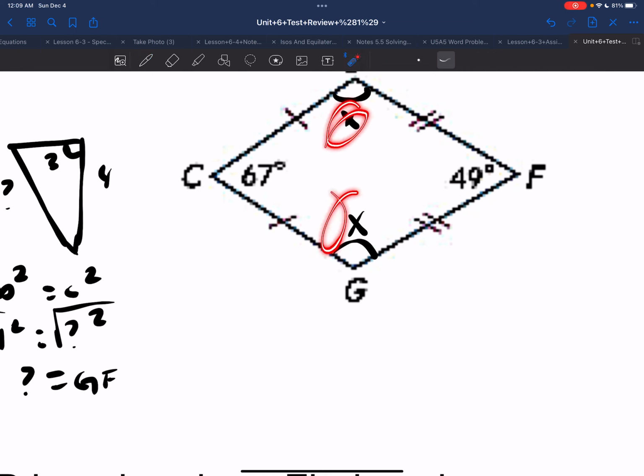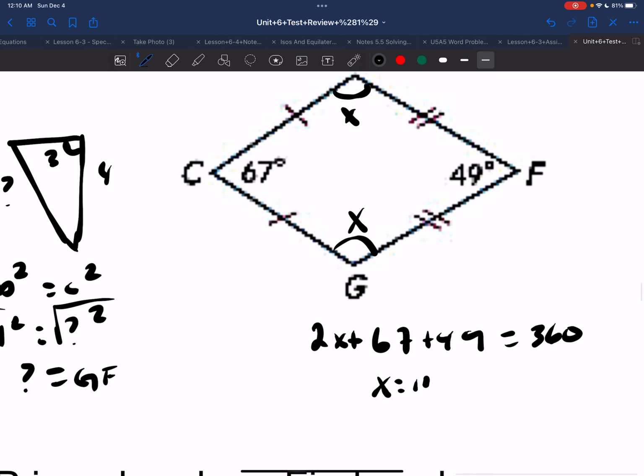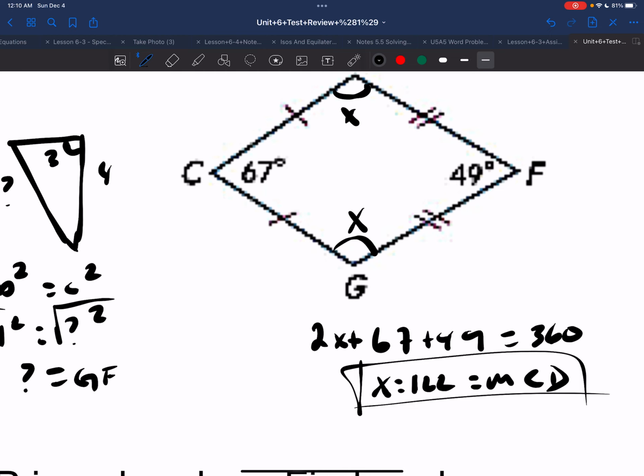So I do x plus x plus 67 plus 49, which is equal to 360. If I put everything together, x is equal to 122, which is measure angle D. This is my answer. Okay.